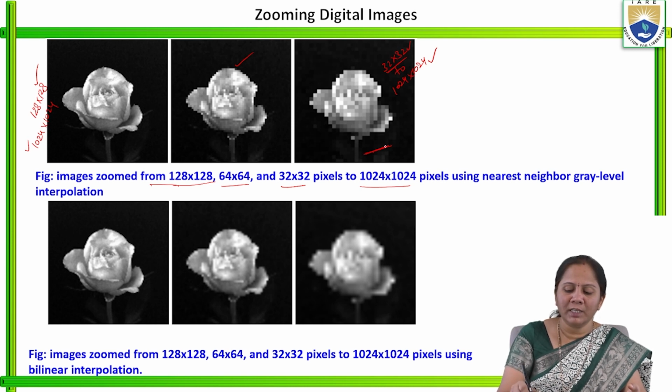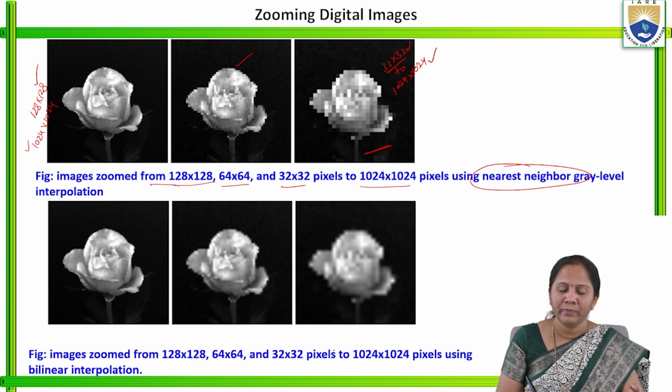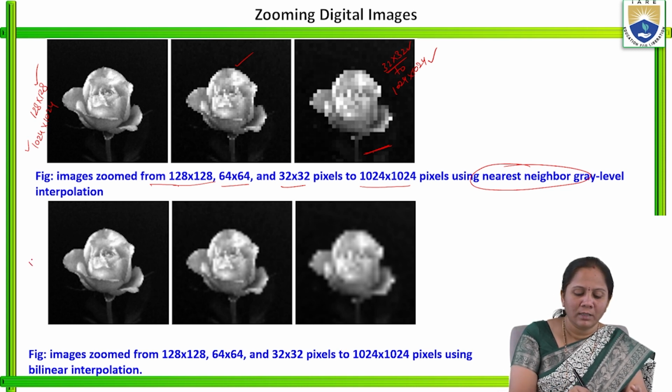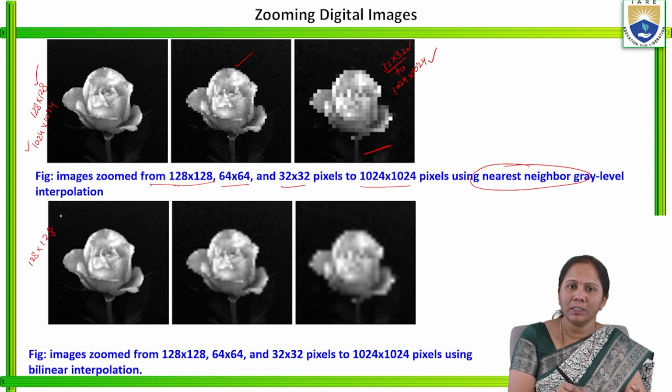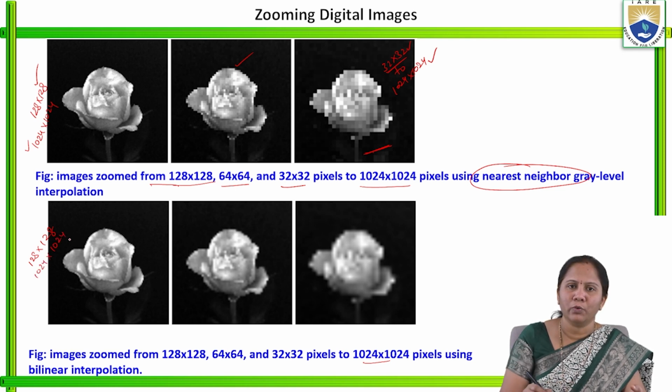This is the image we have got after zooming by applying the nearest neighbor interpolation technique. Another technique is bilinear interpolation. Same as before, this is a 128 by 128 image zoomed to 1024 by 1024.